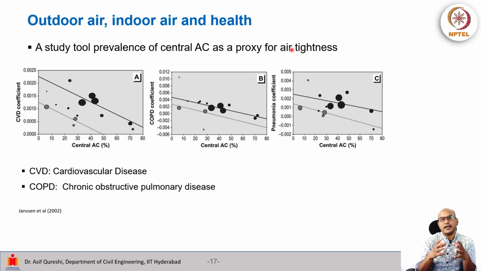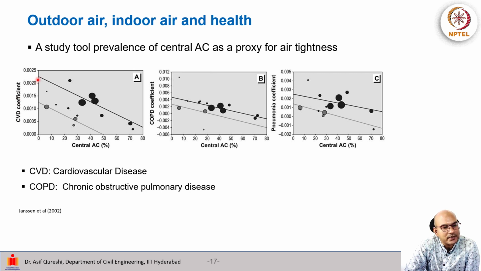The more the building is airtight, the less transport of outdoor air pollutants to indoor. The less transport means the health effects should be better. So let's see what was found. So here we see central AC percentage, the prevalence of central AC from 0 to 80%, and this is the cardiovascular disease coefficient.